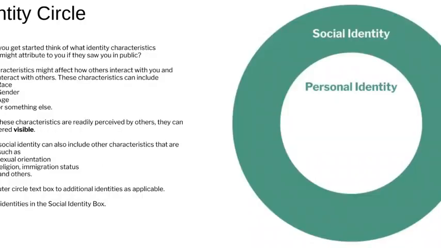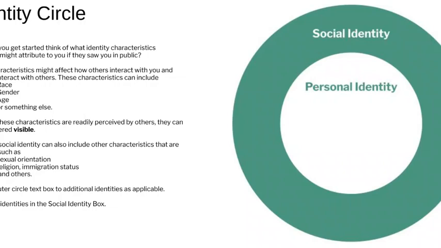Before we get started, I want you to think about what identifiable characteristics strangers might attribute to you if they saw you in public. These are things that people see, like race, gender, age, maybe something else.